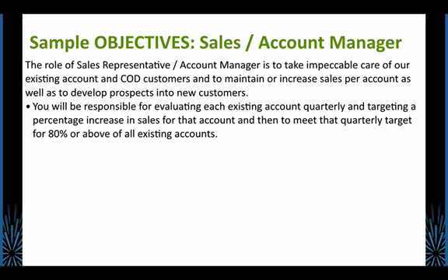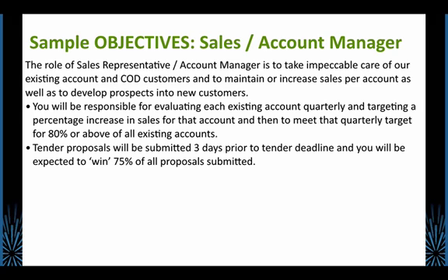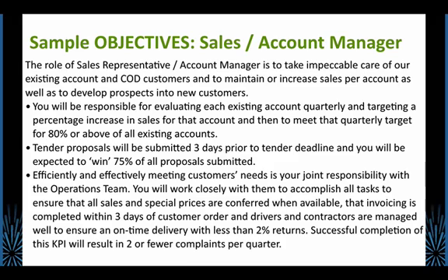So the first one, the way that we rewrote this, you will be responsible for evaluating each existing account quarterly and targeting a percentage increase in sales for that account, and then to meet that quarterly target for 80% or above of all existing accounts. Tender proposals will be submitted within 3 days prior to tender deadline, and you'll be expected to win 75% of all proposals submitted. And then finally, efficiently and effectively meeting customers' needs is your joint responsibility with the operations team.